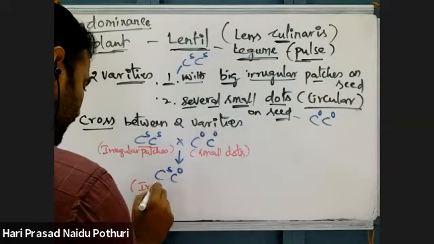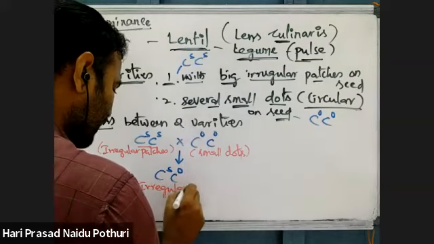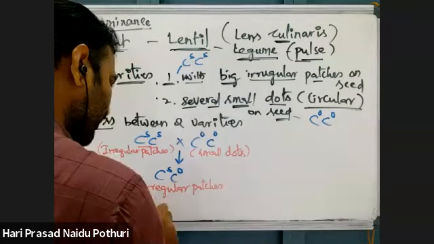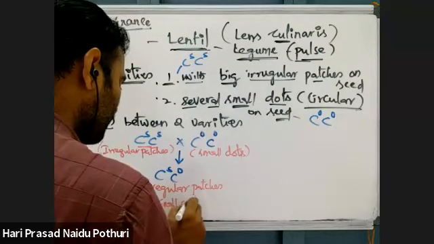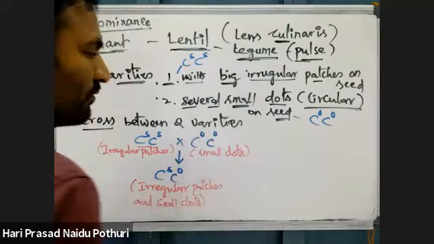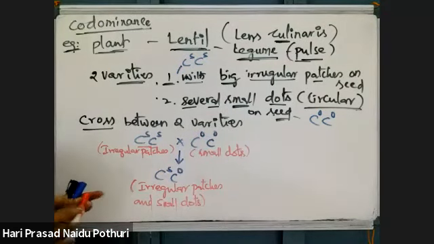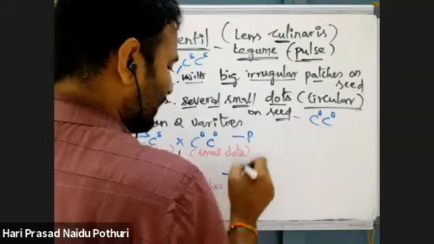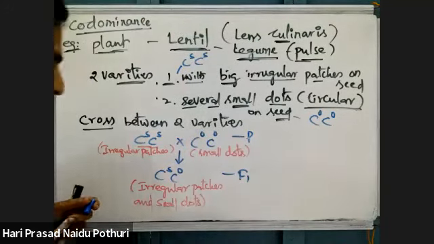It has irregular patches and small dots. Both are present when F1 is produced.